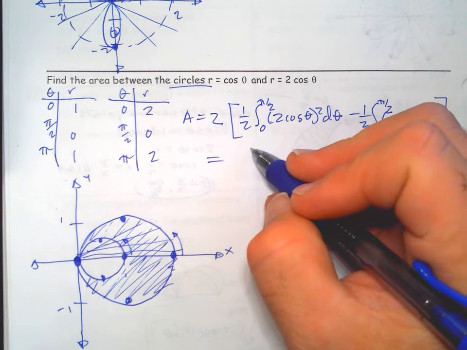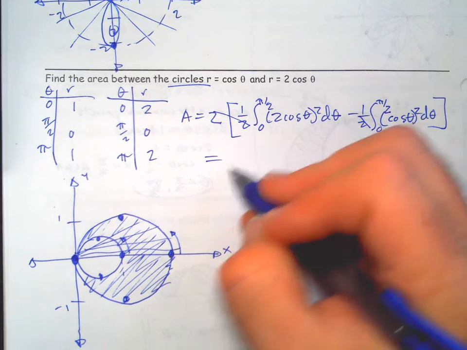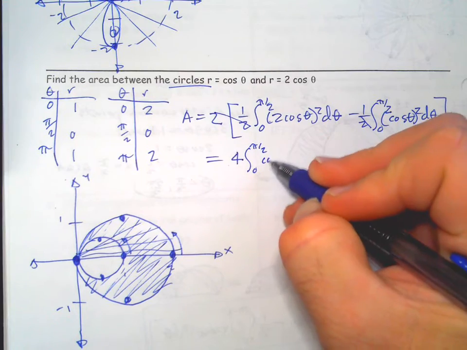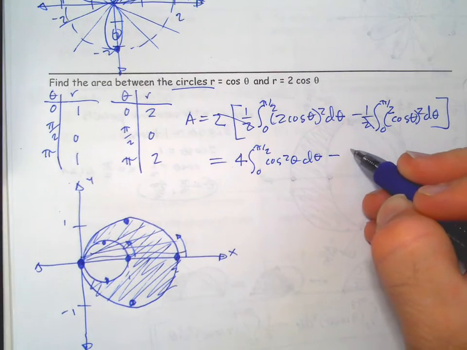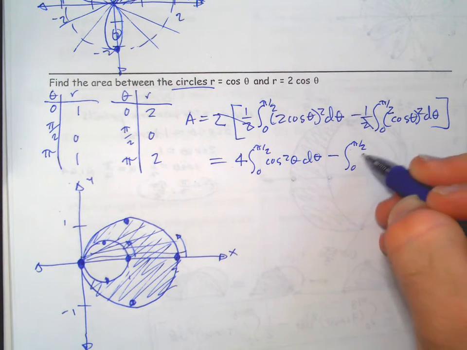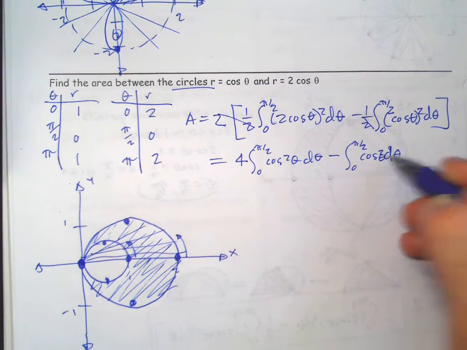So let's see. The 2 gets squared. The 1/2's cancel. The 2 gets squared, so we get 4 times the integral from 0 to pi over 2 of cosine squared. And here, you get the integral from 0 to pi over 2 of cosine squared. We could combine these together.